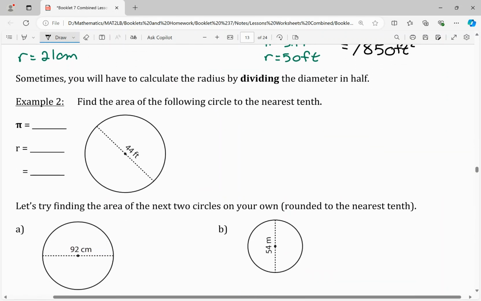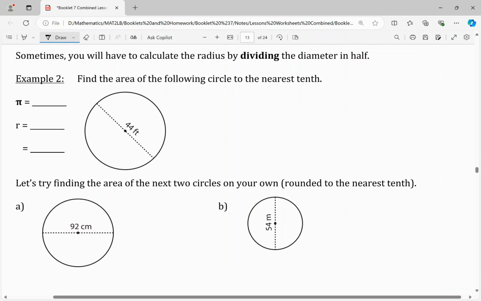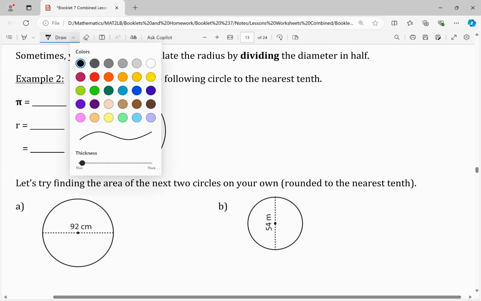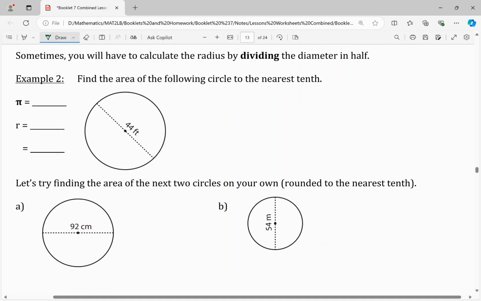Good. Now for example 2, we also need to calculate the area. However, please notice the difference in this question and make sure that you also notice it on a test. I did not give you the radius. I gave you instead the diameter.